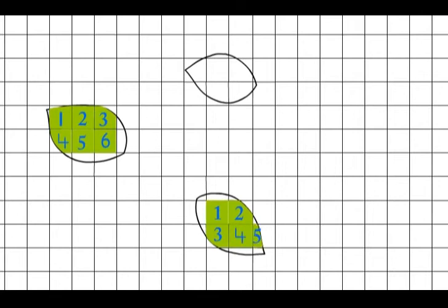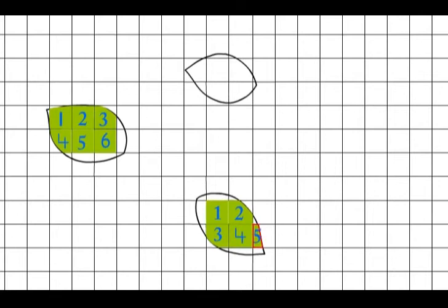You are tiny, Chick, but you are smart. Let's start counting now. This leaf covers 1, 2, 3, 4, 5, 6. This leaf covers 6 squares. Let me count the number of squares of my leaf. It is 1, 2, 3, 4, 5.